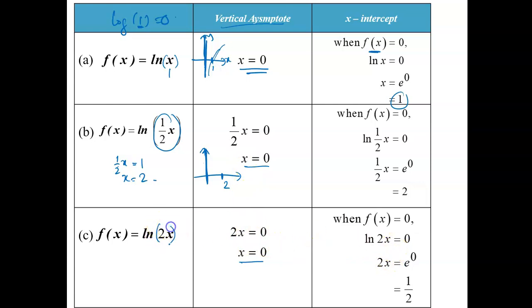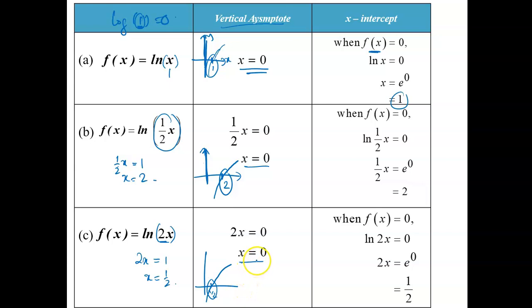Again we compare 2x with 1 because log 1 equals 0. So 2x equals 1, then x equals 1 over 2. So there are three different cutting points at the x-axis: 1, 2, and half.